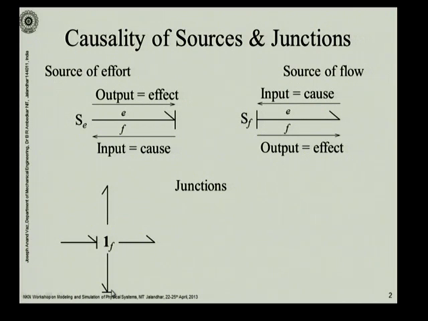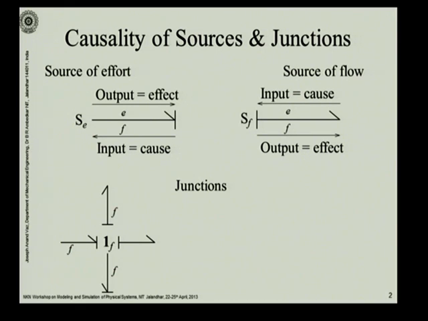So the other bonds necessarily must come in a causal pattern like this. It may be any one of them, any one bond which may bring, but only one bond can bring in the information of flow in a one junction. Naturally, only then it will be possible for the one junction to maintain its characteristic of maintaining in all the bonds the same flow.